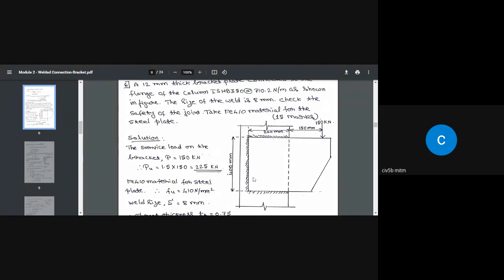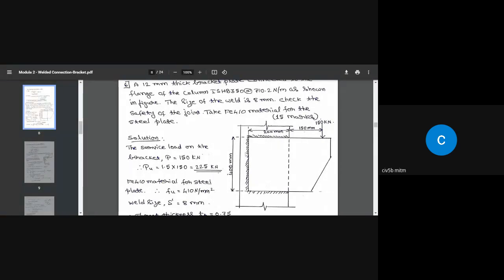So we have to check whether this bracket along with this weld can withstand a service load of 150 kilonewton. When we say service load of 150 kilonewton, it has to be safe for a design load of 1.5 times 150, that is equal to 225 kilonewton.